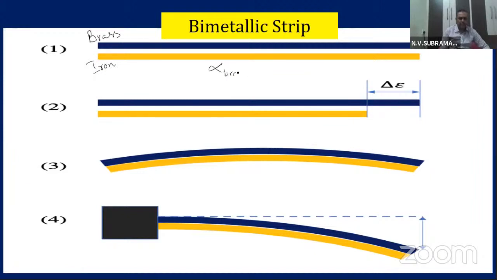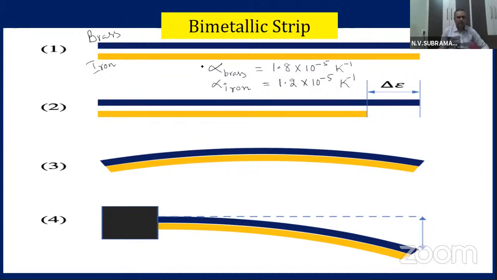Coefficient of linear expansion for brass, if you remember, is 1.8 into 10 to the power of minus 5 Kelvin inverse. Similarly, the next one, iron: alpha value for iron is 1.2 into 10 to the power of minus 5 Kelvin inverse.